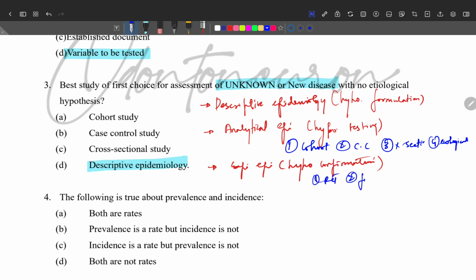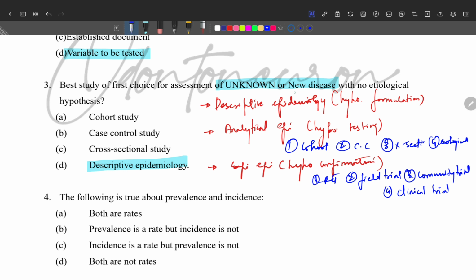In experimental epidemiology you have different types such as RCT, field trial, community trial, and clinical trial. Okay, so this is what you have to know.